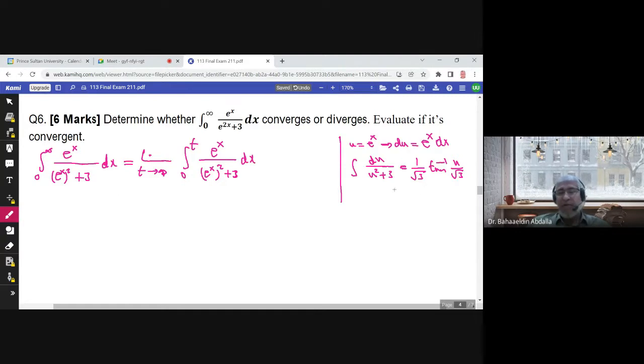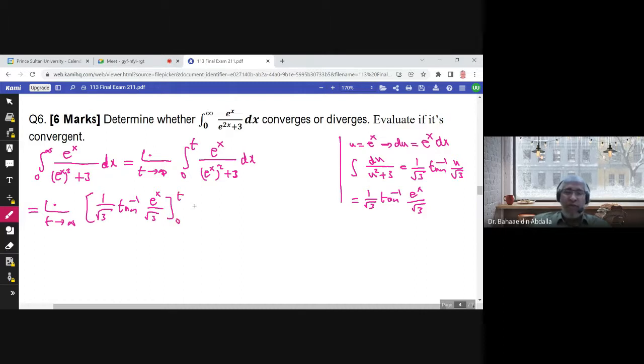This is a formula, and u is just e to the x. So this is the integral. Now I can write the limit as t goes to infinity of 1 over square root of 3 tan inverse of e to the power x over square root of 3, from 0 to t.